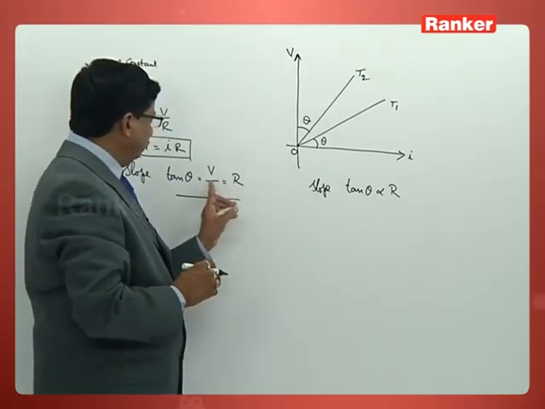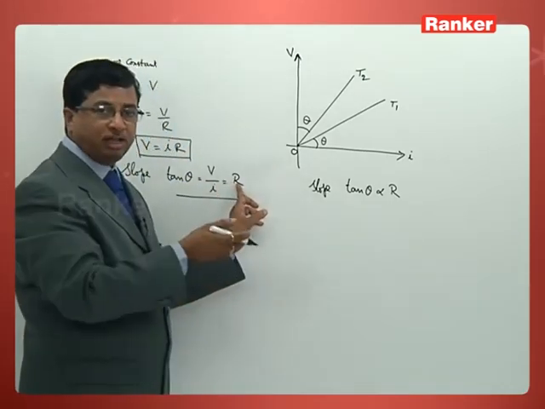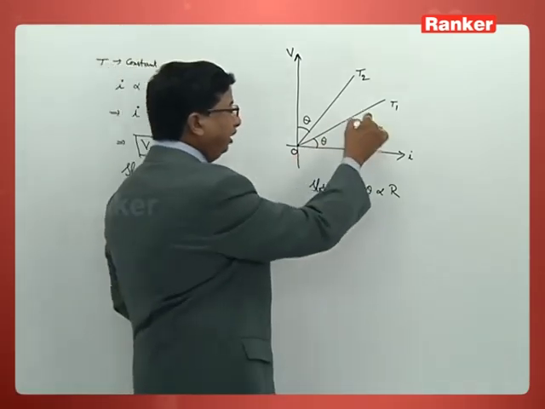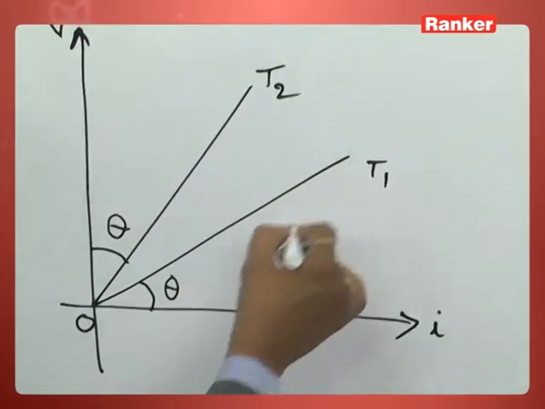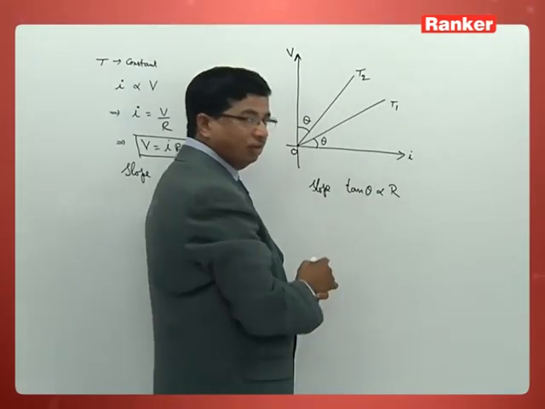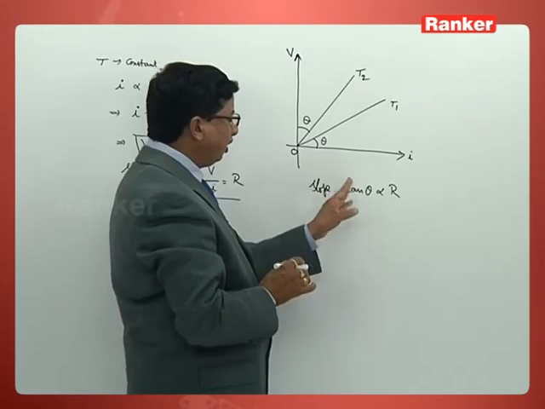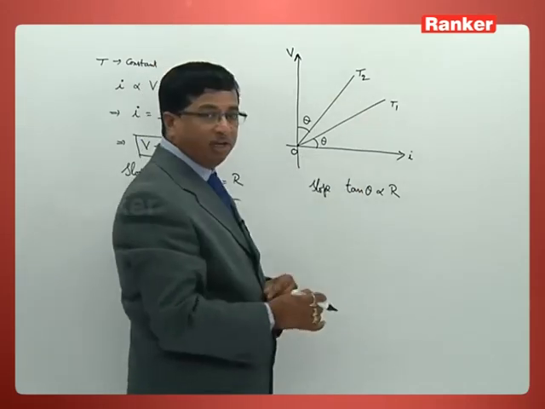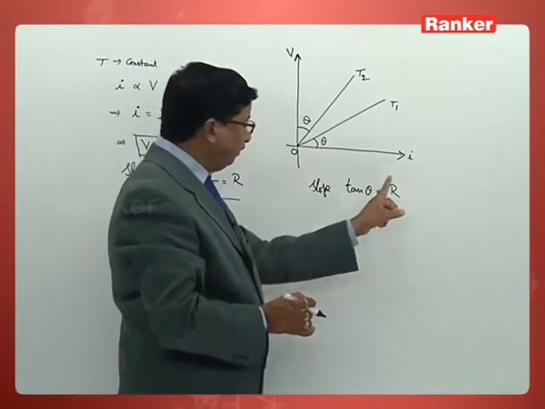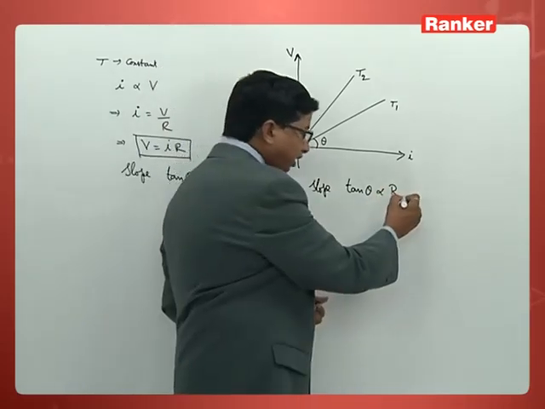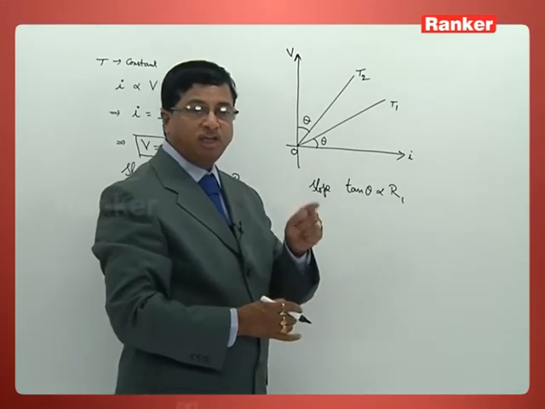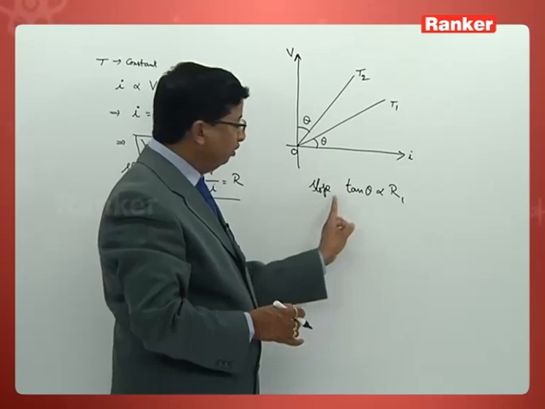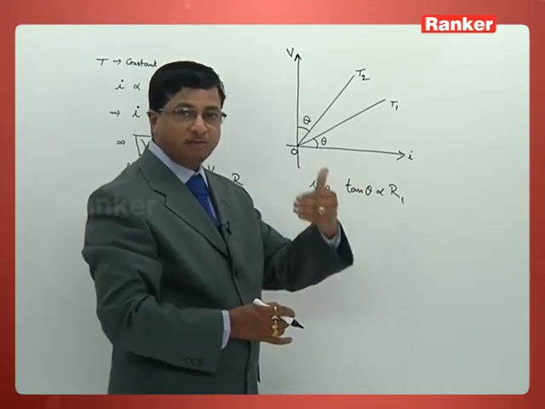This tan theta is nothing other than R, V by I. So what is this tan theta here? It is no doubt V by I, which is resistance R. So what we should understand from this concept is, at this temperature T1, if I take the resistance as R1, then R1 is nothing other than the slope, which is equivalent to tan theta.